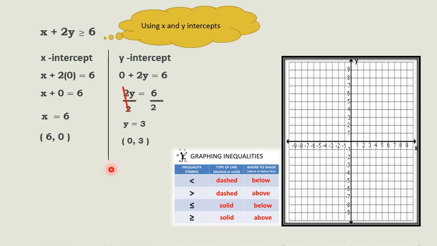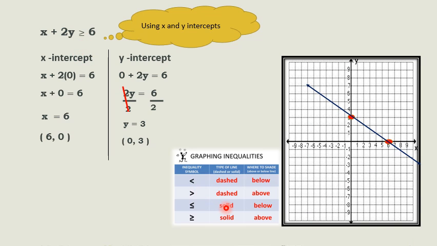Okay, 6 and 0, that's for positive x and 0. So that's on the x-axis, then the point is here. And for 0 and 3, the point is there. Alright, now after that, we're going to use what line? That is a solid line. So this is the solid line.